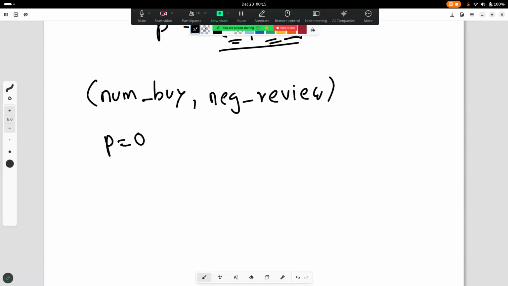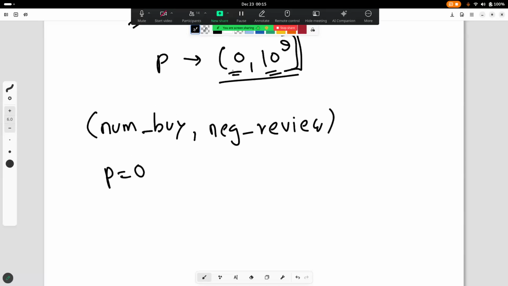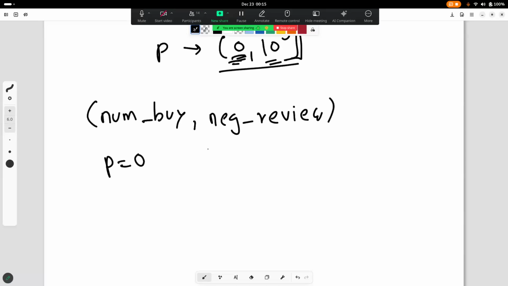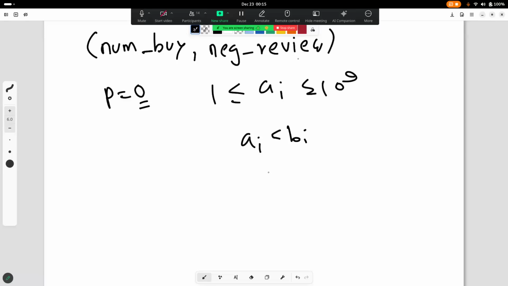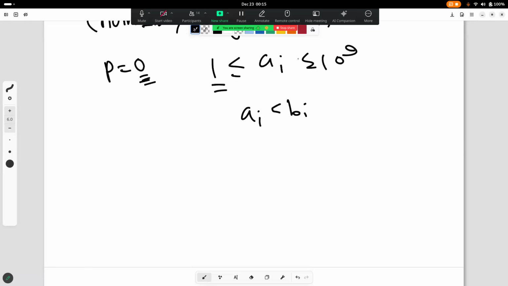P is 0, the start of this range. We are basically offering trees for free. Since A of I is greater than or equal to 1 and less than or equal to 10 to the power 9, and B of I is greater than A of I, with your price 0, everyone is going to buy the tree.